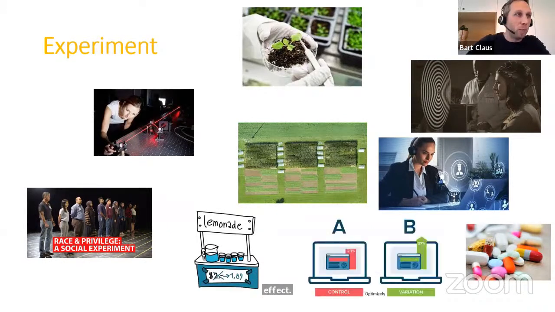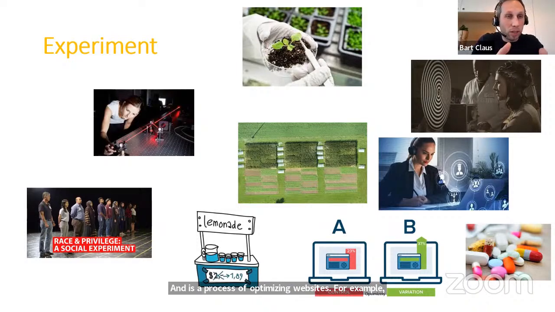We can also look at experiments in the context of technology, right? A/B testing is a concept that you might have heard of, that you might be familiar with, and is a process of optimizing websites, for example, where part of the visitors of a website are selected to see a different version of the website, and then the outcome that is investigated is whether people stay longer on that website, whether conversion rate is higher for that different version, whether people enjoy that website more, etc. Right?